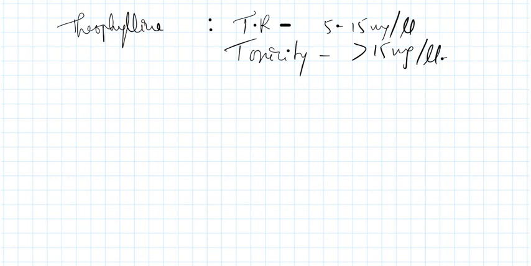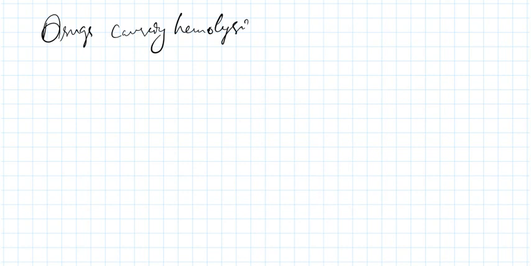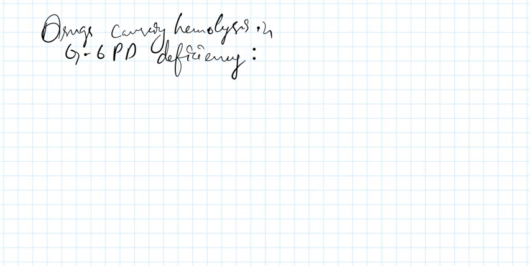Yes, now I will tell you some important points regarding drugs causing hemolysis in G6PD deficiency. This is very important. You won't get a direct question, but you will get an indirect question in the form of a case: a 24-year-old boy came with a complaint of so and so, he presents with symptoms so and so.